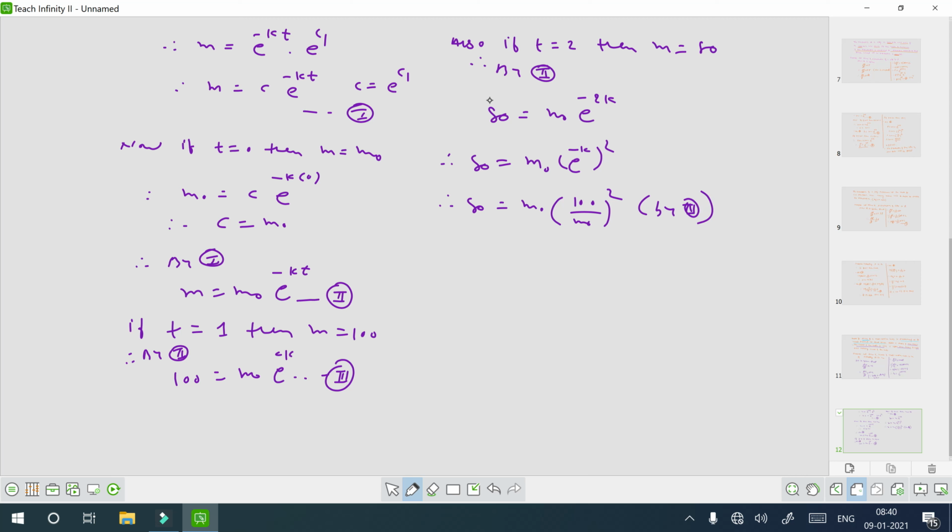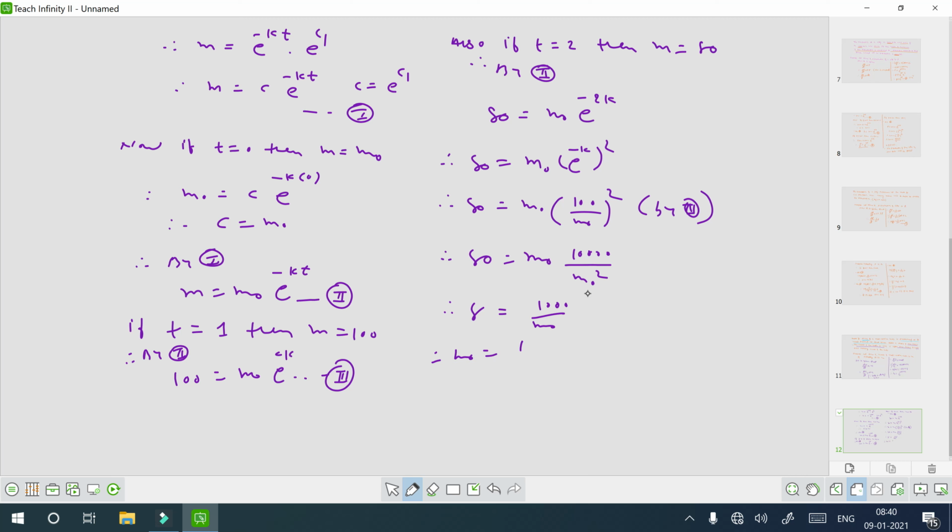Here we substitute the value. 80 is equal to m0 into 10,000 over m0 square. So 8 is equal to 1000 by m0.